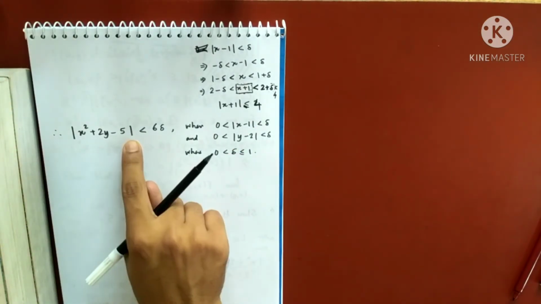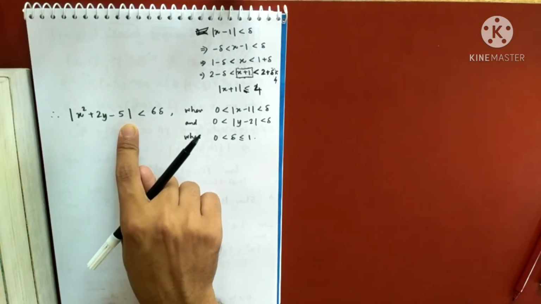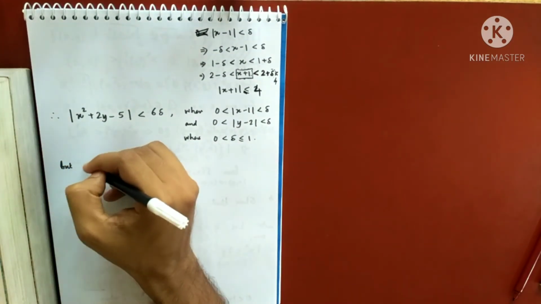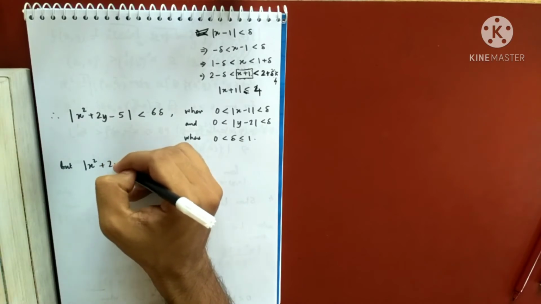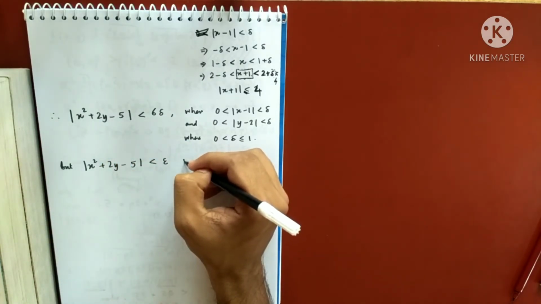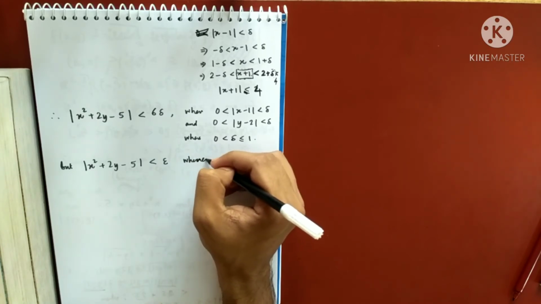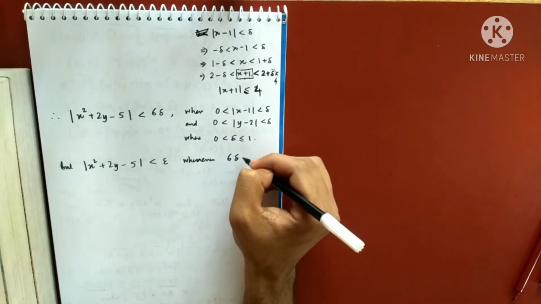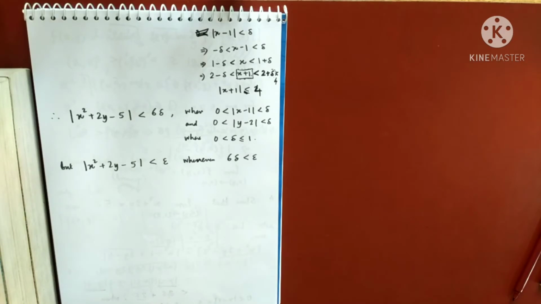But I wanted this to be less than epsilon. But modulus of x square plus 2y minus 5 is less than epsilon whenever 6 delta is less than epsilon, right?